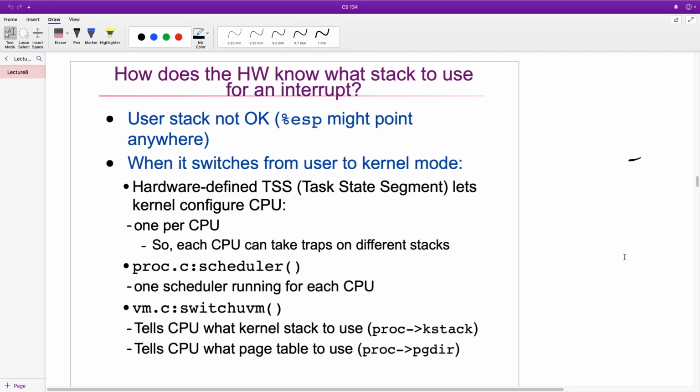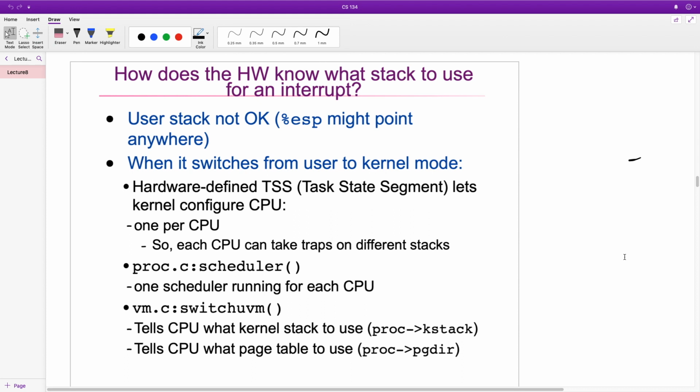So instead, we can configure for each CPU what stack pointer it's going to use. In JOS, we're going to have one stack pointer for every CPU. And in XV6, we have one kernel stack for every process. When we create a process, we create a stack for it, one page.